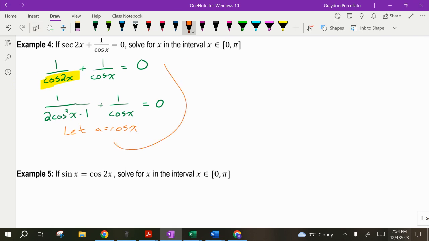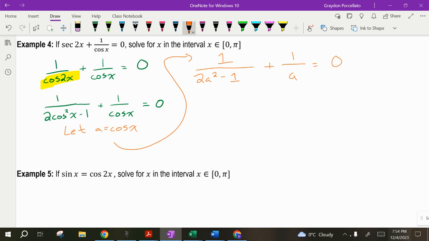So I'm going to bring this and we're going to work this up here. So this becomes 1 over 2a squared minus 1 plus 1 over a.